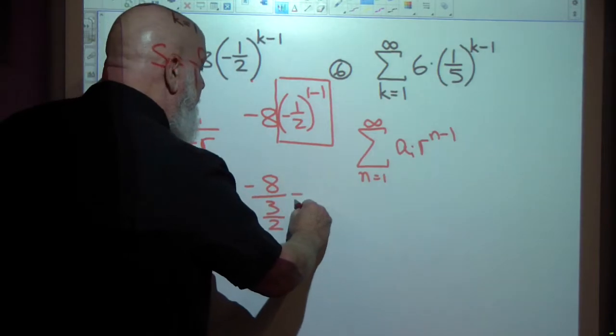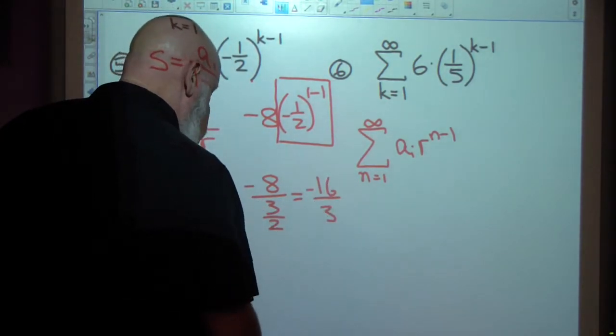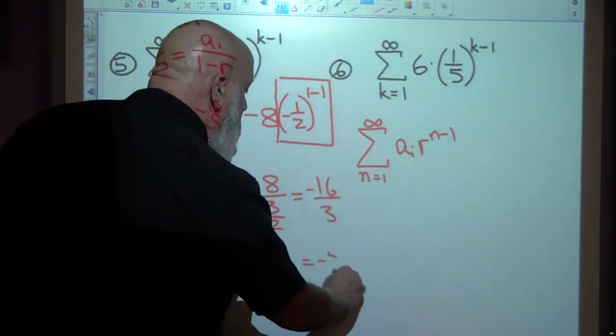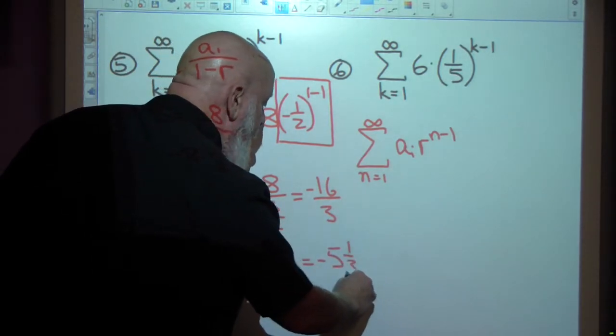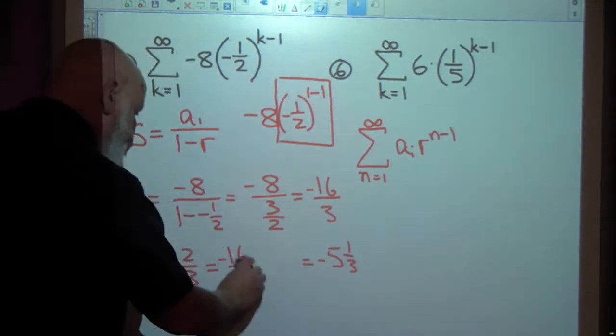So that's -16 thirds. Or 3 will go into 16 5 times. Still going to be negative with a remainder of 1. And hopefully I haven't messed that up. That'll be my infinite sum.